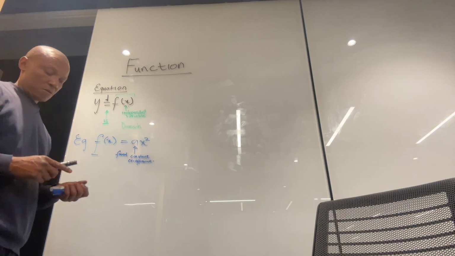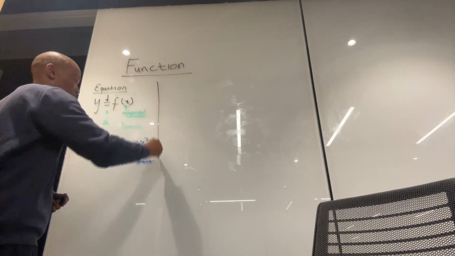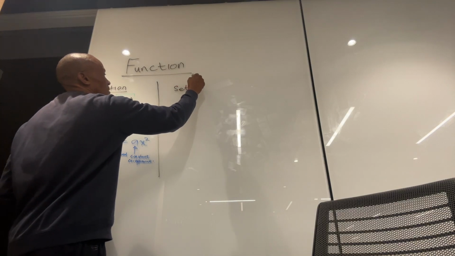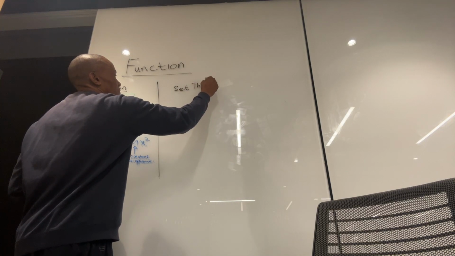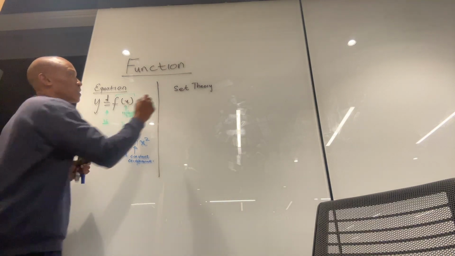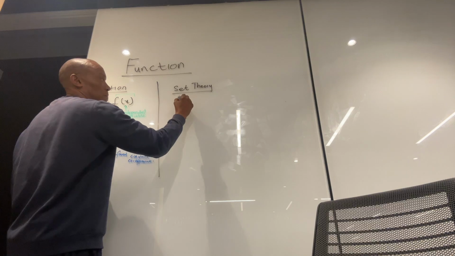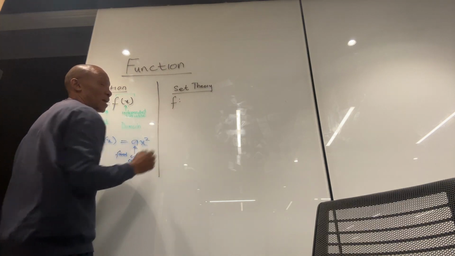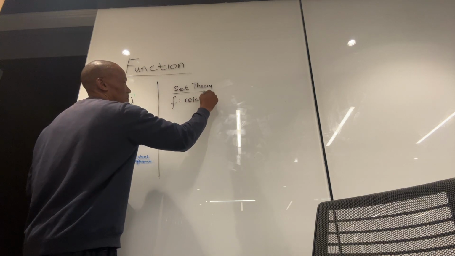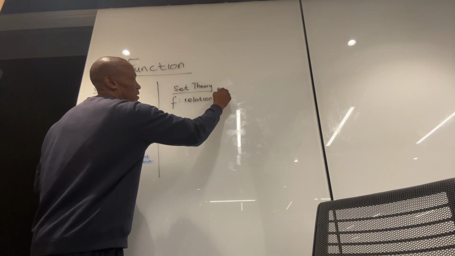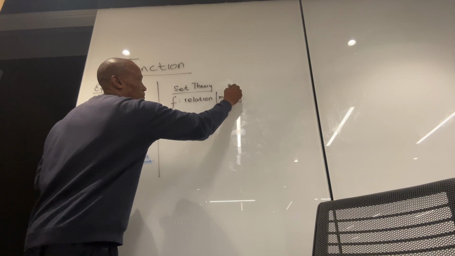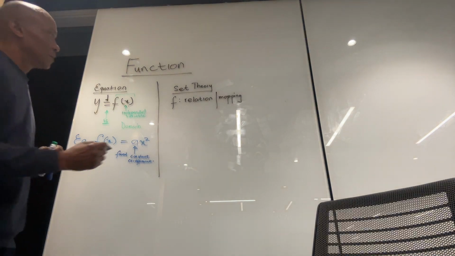The other way comes from set theory, where instead of using the word function, two words are normally used interchangeably. Words for f: it's relation, and the other word is mapping, or map.